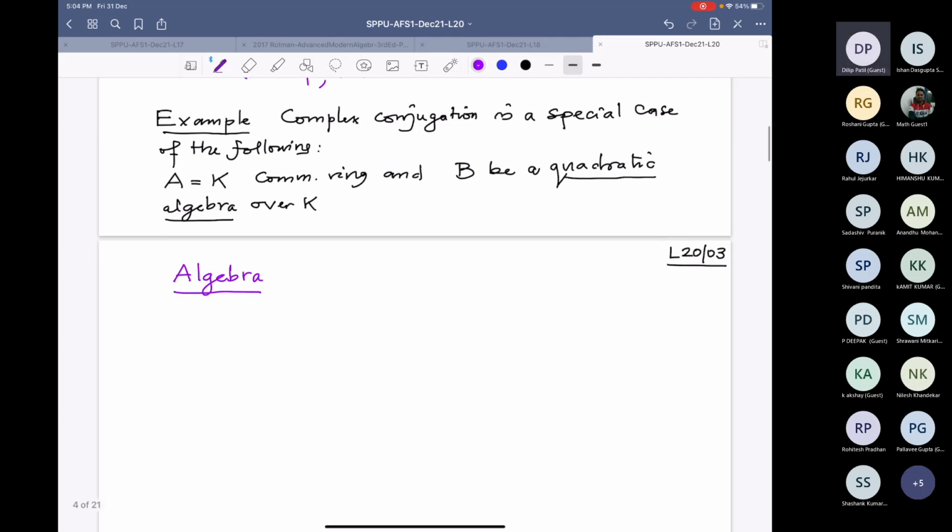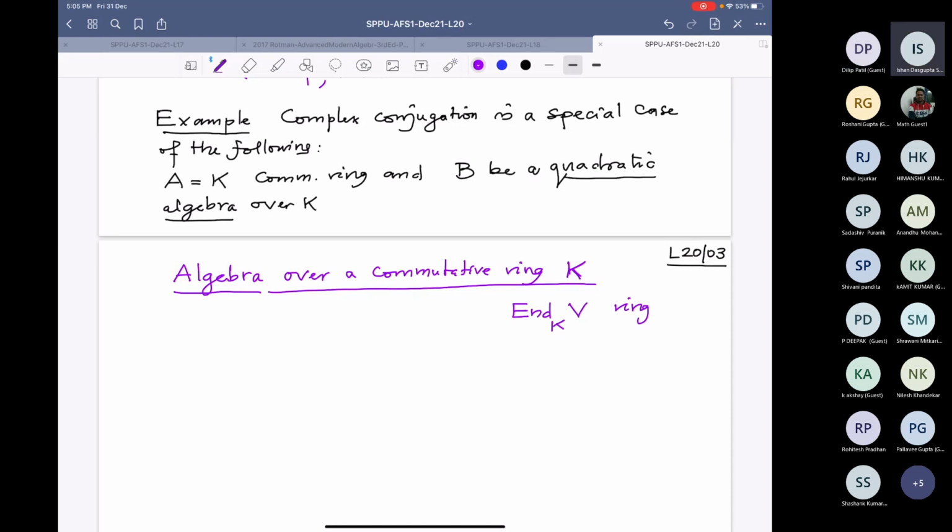So, algebra over a commutative ring, and let me keep it K. If K is also a field, it is included in this definition. You can specialize to K equal to a field. And the example I have in mind is, of course, the endomorphism ring of a vector space over K. You very well know this is a ring.